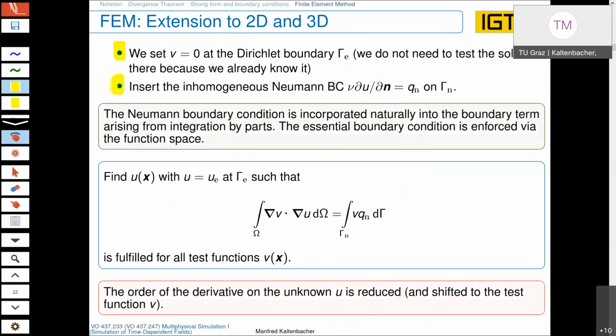Which means at the end that this is our weak form.